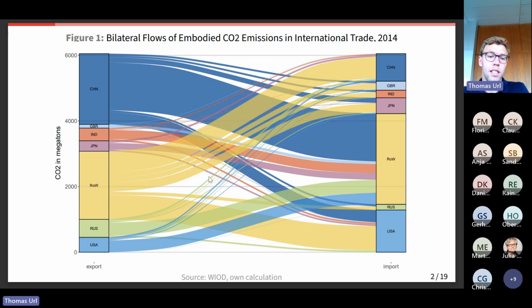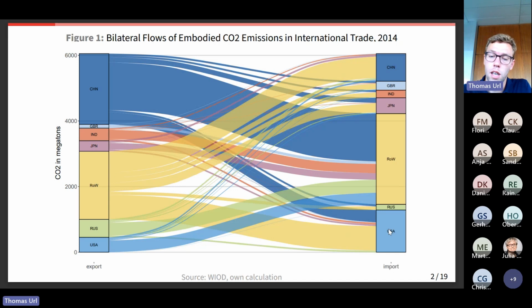The other way around is for the United States. They export 450 megatons, but import almost 3 times as much: 1,300 megatons are embodied in their imports. This is for the year 2014.